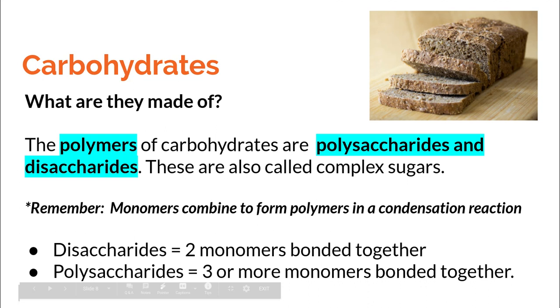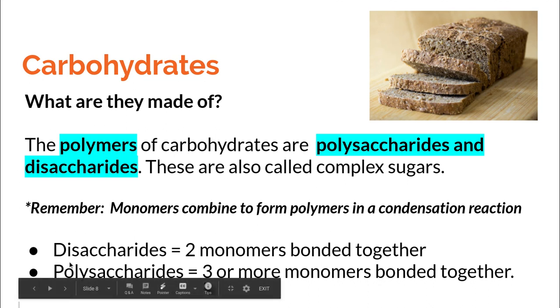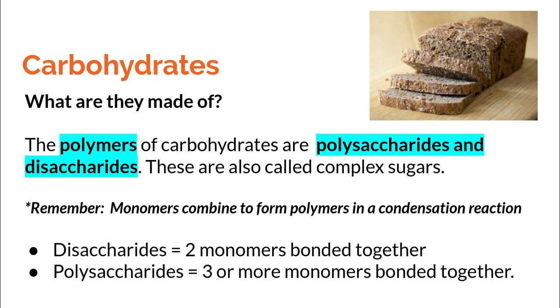When we say complex sugars or complex carbohydrates, they give you more long-lasting energy. So things like whole wheat bread and pasta give you more long-term energy than just a quick sugar high from chocolate or a donut. A disaccharide, remember the prefix di means two, is two monomers connected together.